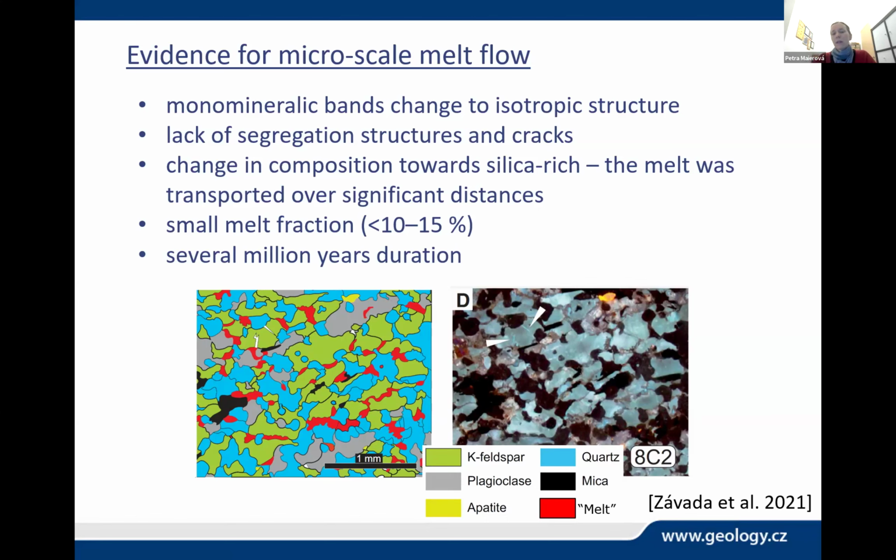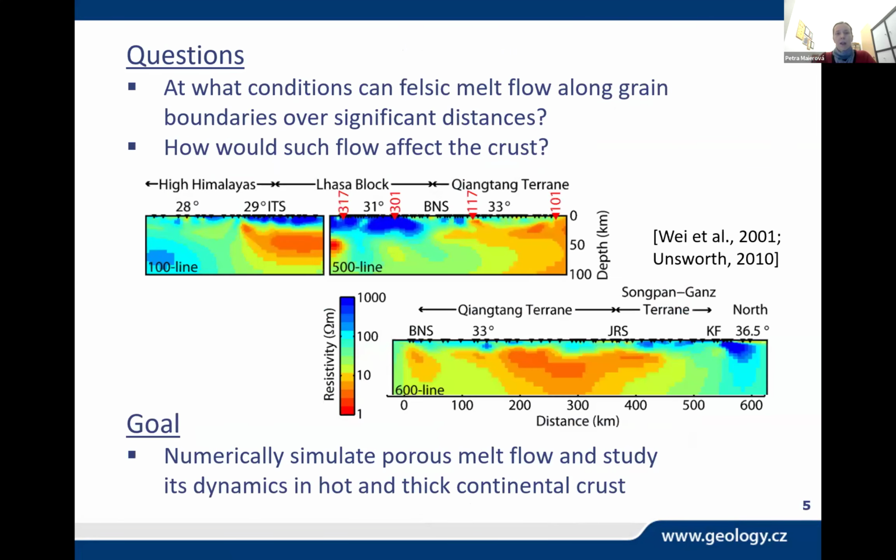And the question is when this can happen and what are its effects on the composition of the crust, on its rheology and so on. And it's an important question because there are large areas also today in continental crust that probably contain some percents of melt. Like for example here, you can see a cross section through Himalayas and Tibet.